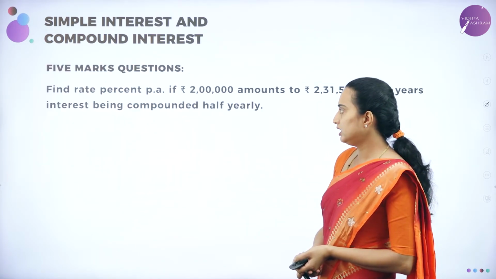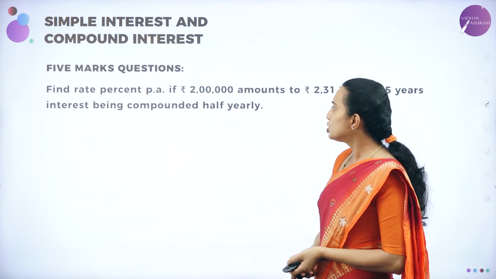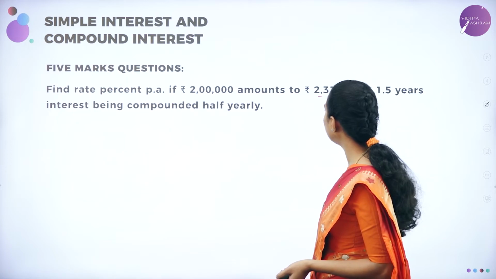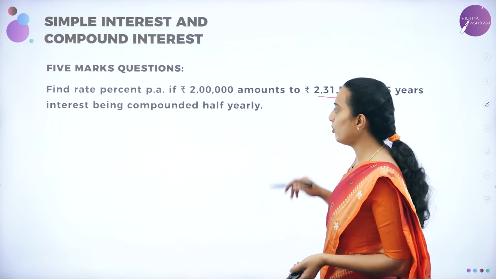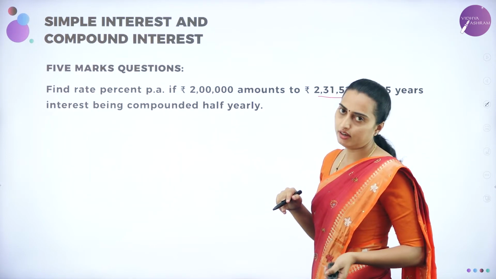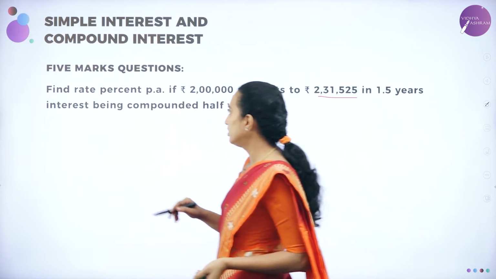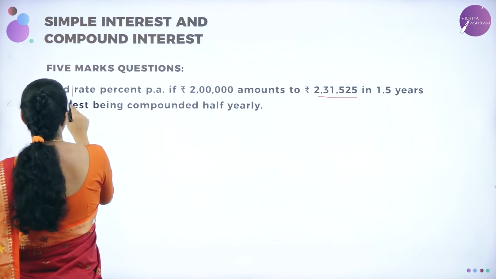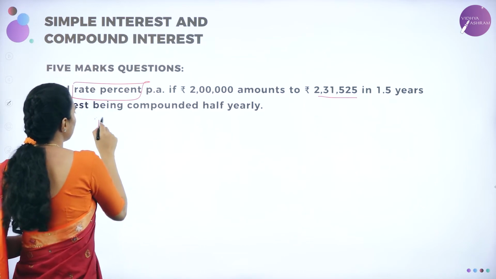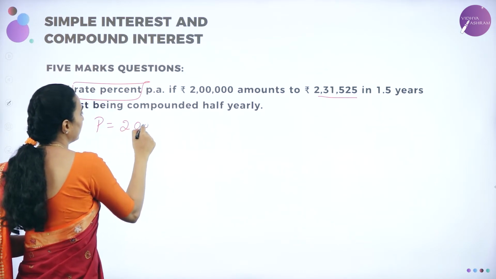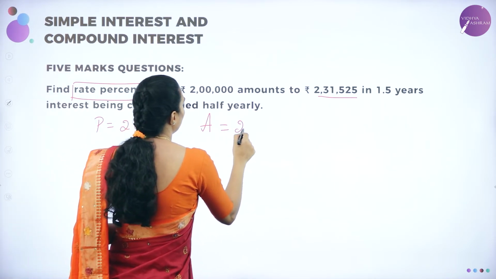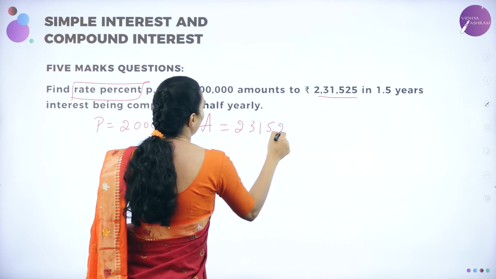Find the rate percentage per annum if 2 lakh amounts to 2,31,525 in 1.5 years, interest being compounded half yearly. So what all have they given? You need to find out the rate of interest, that means R. Given P is equal to 2 lakh, and then A is equal to 2,31,525.